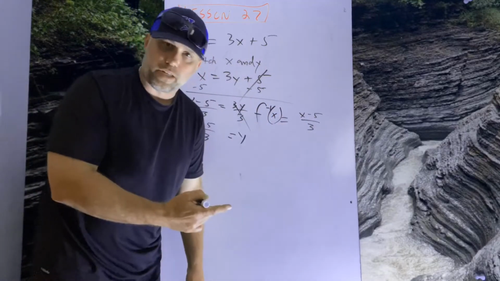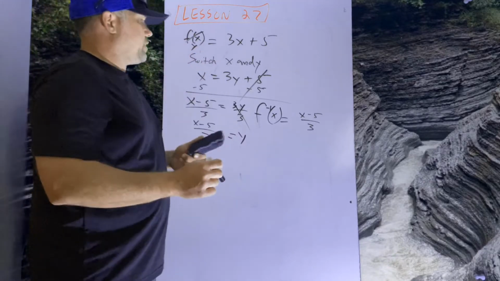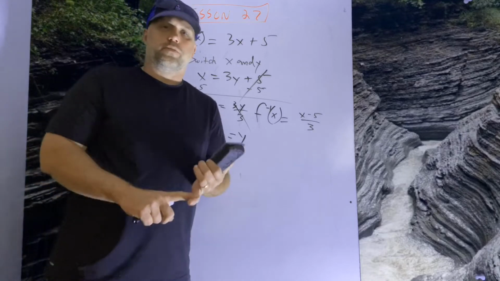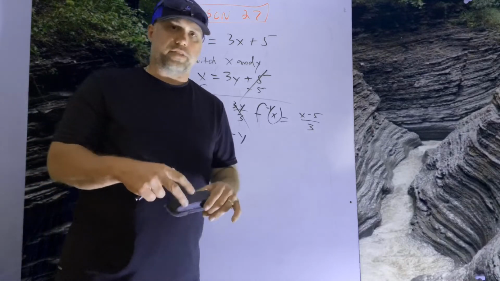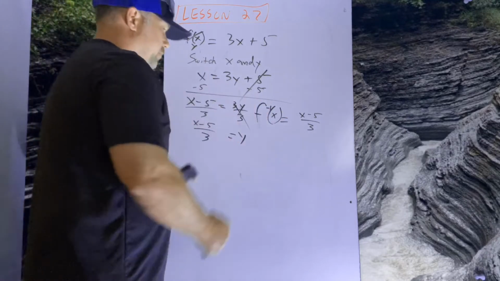F with a little negative 1 exponent for inverse, and we're good. So it's not a big deal whether it's in function notation or y equals notation. Either way, you just have to flip-flop your x and y and solve.